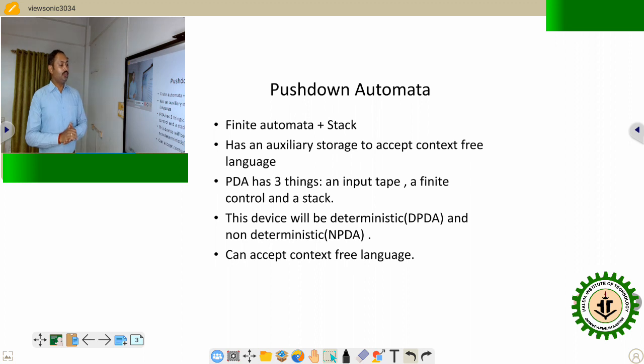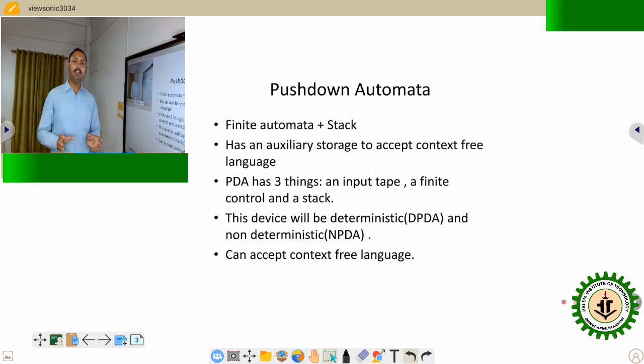Pushdown automata mainly has three things: one input tape, one finite control and a stack. So what is input tape? It is a tape which can hold an input string or combination of input symbols. Finite control is used to accept an input symbol and go from the current state to the next state.